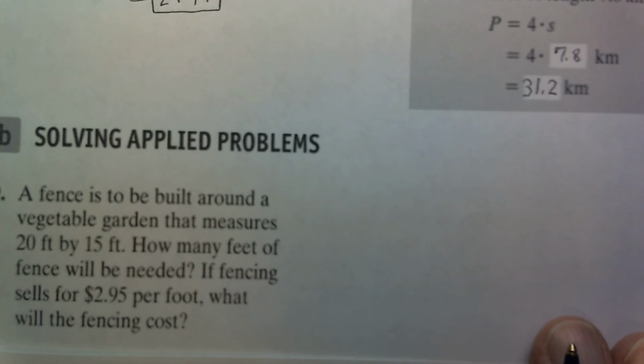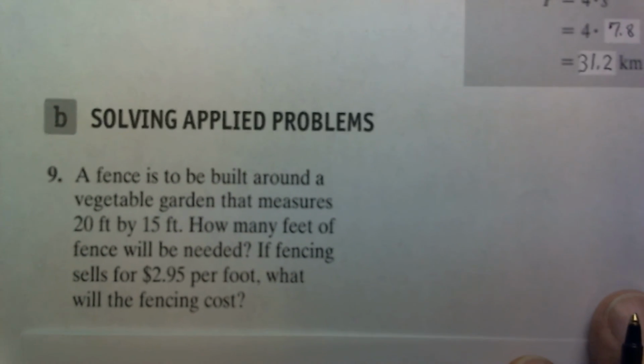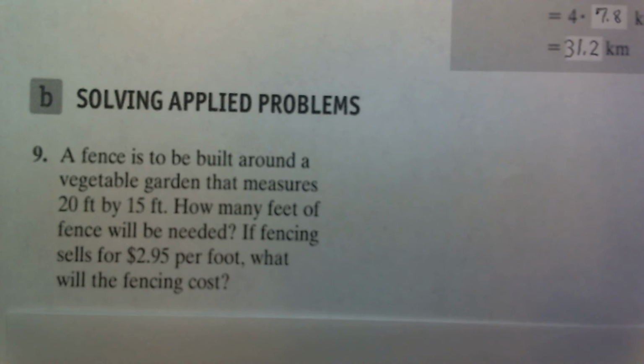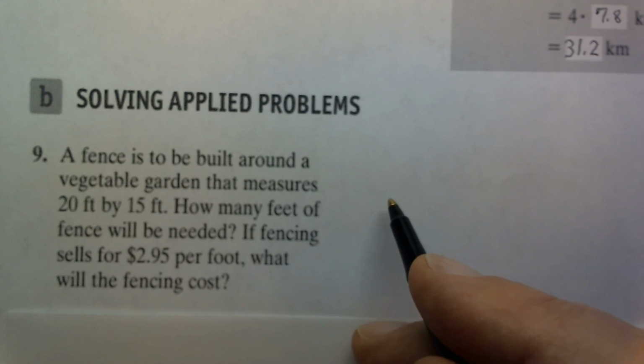Here's an applied problem, number 9. A fence is to be built around a vegetable garden that measures 20 feet by 15 feet. Find how many feet of fence will be needed, and if fencing sells for $2.95 per foot, what will the fencing cost? So here, that's a two-part problem. The first part is finding the perimeter.